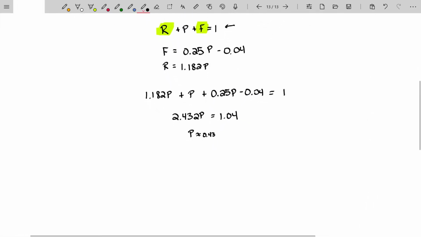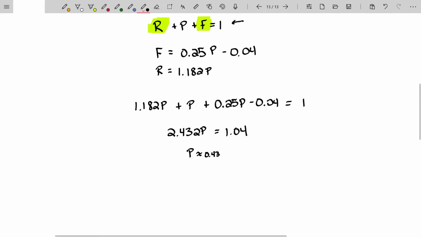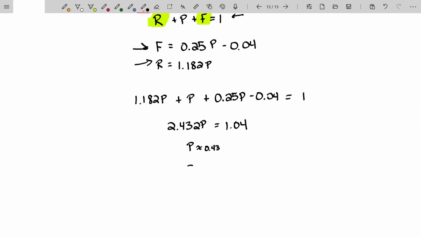Now that we have that, we can go ahead and finish off by using these two equations right here. So for example, fish comprises, let's see, roughly around 7%. I just decided to expand the number of digits there just so that we get a more accurate view.